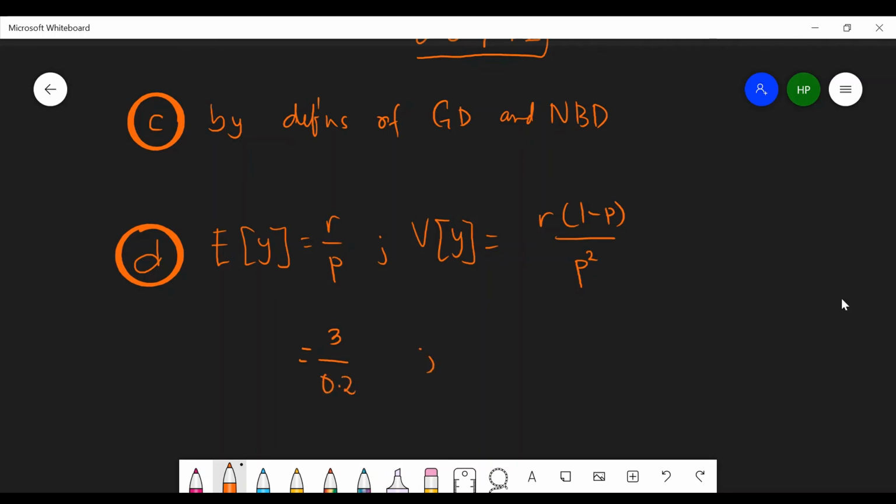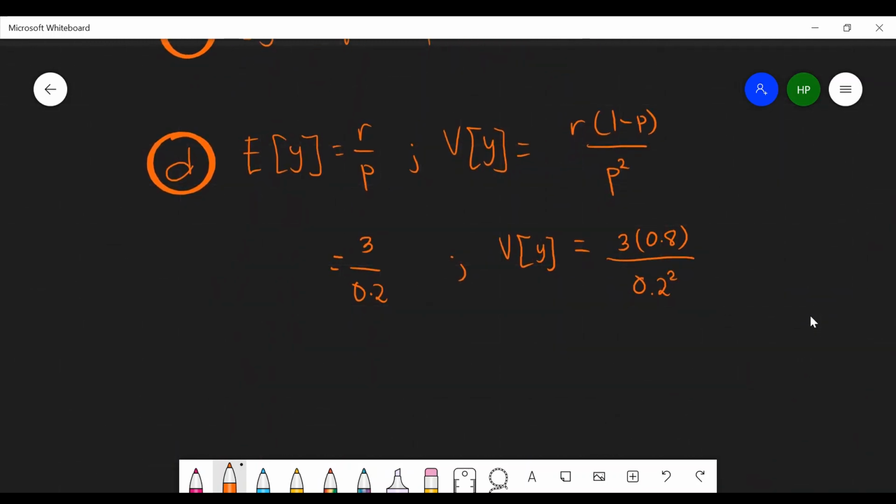Tapos yung variance of Y natin equals what? 3 times, what is this? 1 minus P. Yung Q, which is 0.8. And then, P squared is 0.2 squared. Okay? So, solve tayo ngayon using calculator na lamang.